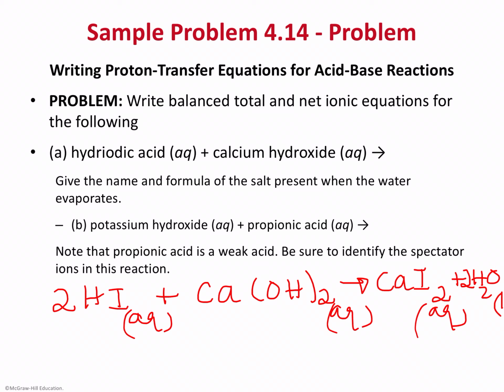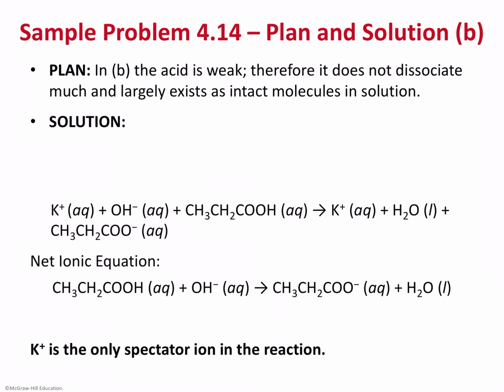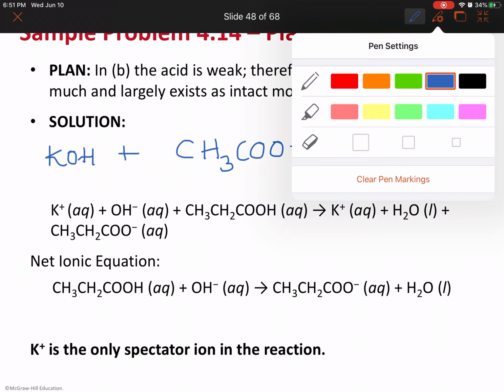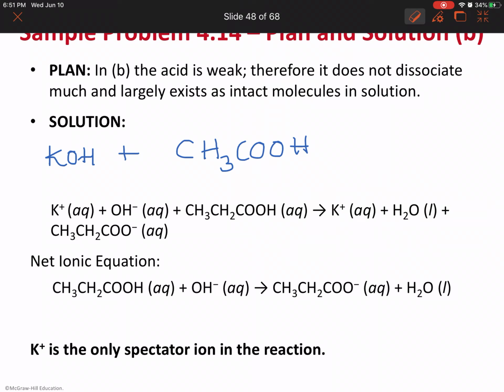Okay. Now let's go ahead and write the potassium hydroxide and propionic acid. Potassium hydroxide is KOH. Propionic acid is similar to acetic acid. Acetic acid is this acid with one CH3 group. Propionic acid is, instead of CH3 here, you will have another CH3 and this would become CH2.